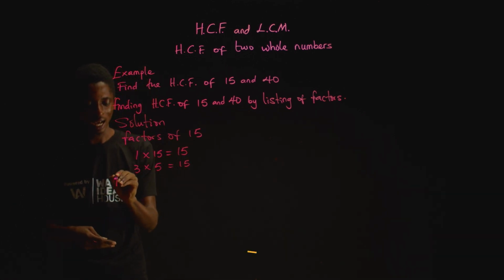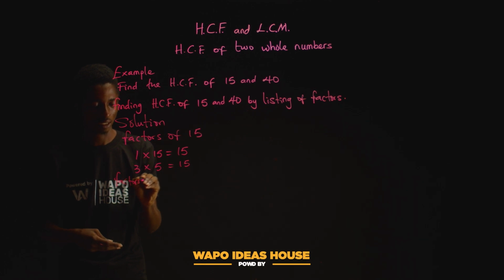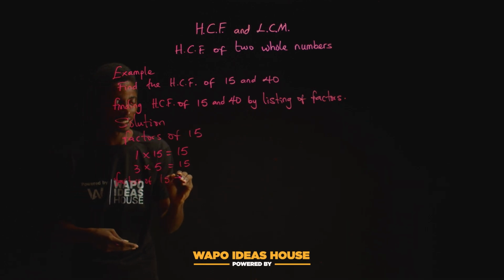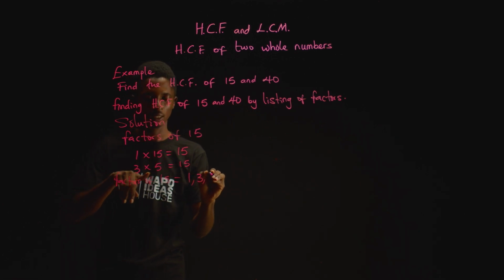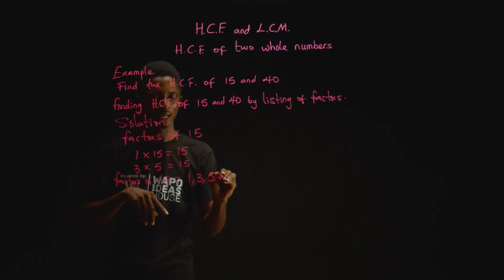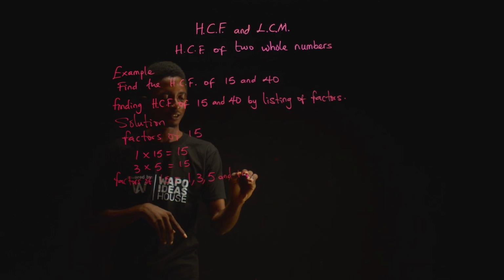That means our factors of 15 are 1, 3, 5, and 15.